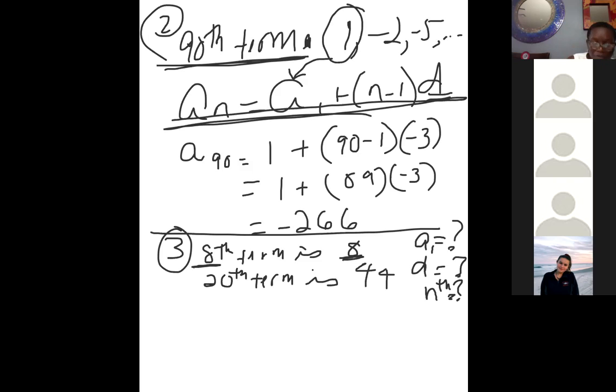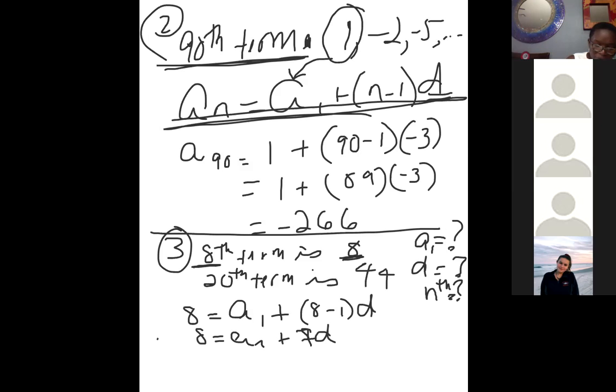When we plug it into the formula, we get 8 is equal to, we don't have a1, plus 8 minus 1, because n is equal to 8 since we're looking for the 8th term, times d. So this will simplify to 8 equals a1 plus 7d.